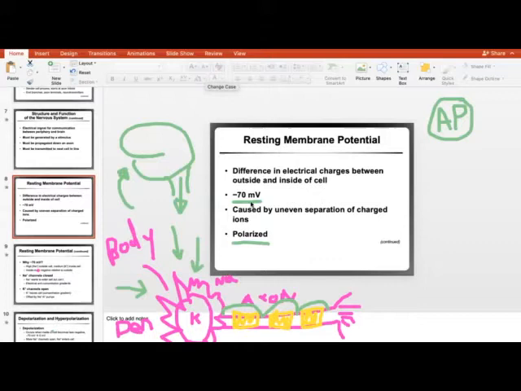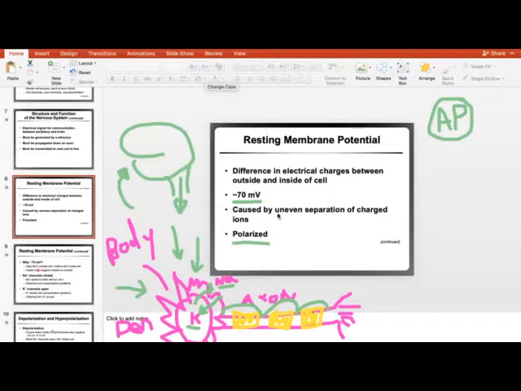And it has a different charge on the inside of the cell versus the outside of the cell wall, because on the inside of the cell there's potassium and on the outside of the cell there's sodium. All right, and these just have different electrical charges. And typically what happens is the potassium wants to exit the cell and sodium wants to enter the cell. But you have these potassium ion channels that make it much easier for potassium to leave the cell than it does for sodium to enter the cell.